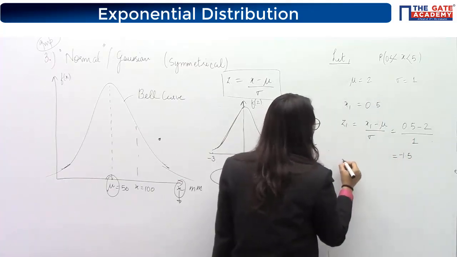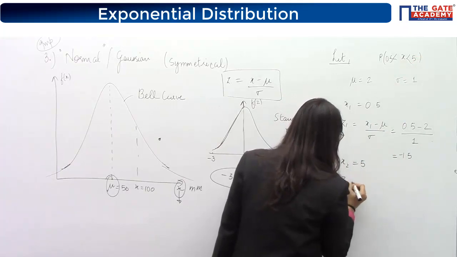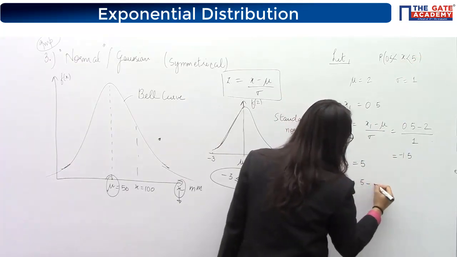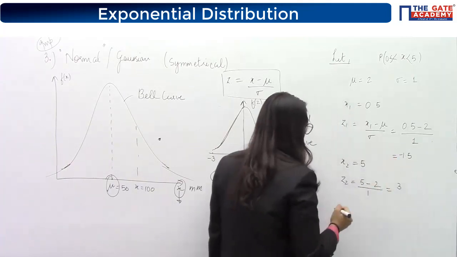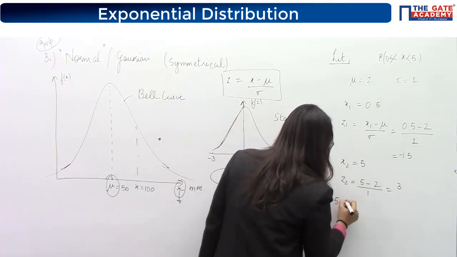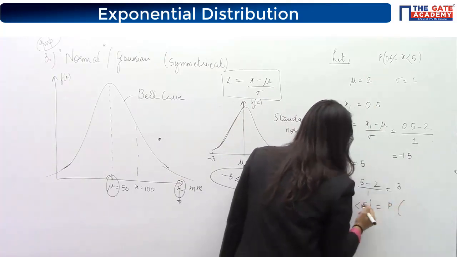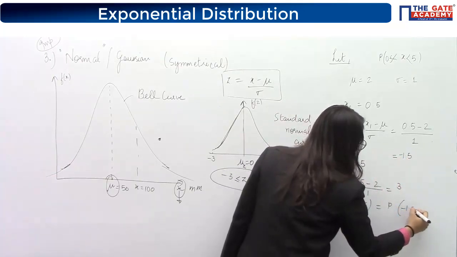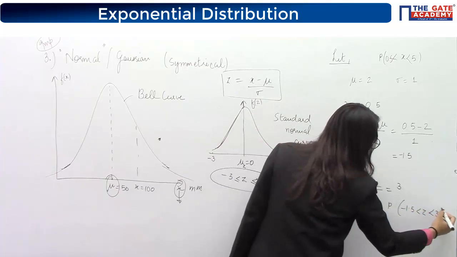This is your z1. And x2 is nothing but 5. So you will say z2 is 5 minus mu, which is 2, divided by 1. So z2 is 3. So what is this probability equivalent to? In terms of z, it is equivalent to the probability from minus 1.5 to 3.